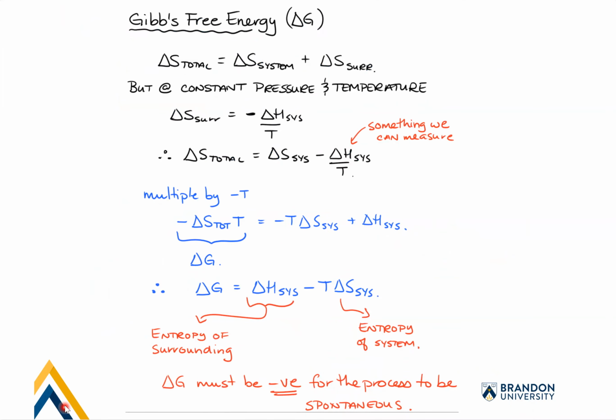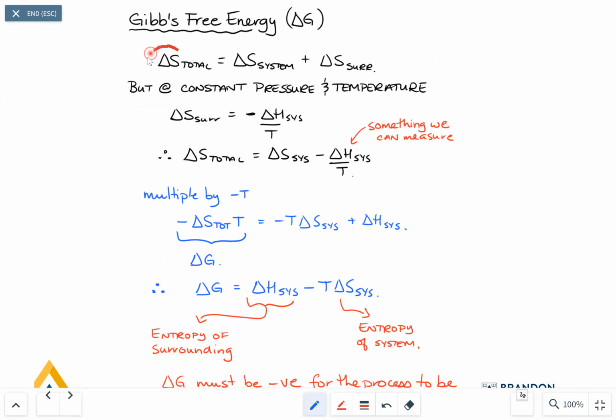So what physical chemists and physicists have done is they basically converted the entropy, the total entropy, into something which is easier to measure and visualize here. So we're not going to go into a whole great deal of physical chemistry, but you might remember that the entropy of the surroundings is equal to the enthalpy of the system divided by heat.